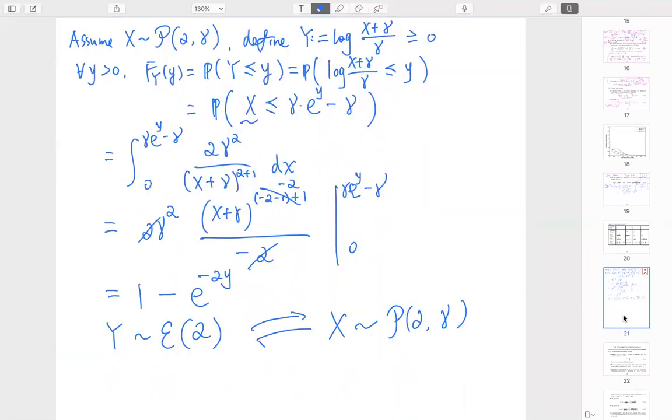We want to find something of Y, introduce the definition, and then convert the inequality from Y to X. We know the distribution of X, so we apply the PDF or the CDF of X to get the result you want. Eventually that becomes something of Y, which is what we are looking for. So do not apply that theorem directly. I don't want you to do that. Let me finish down here, and we will continue to discuss in the next video.